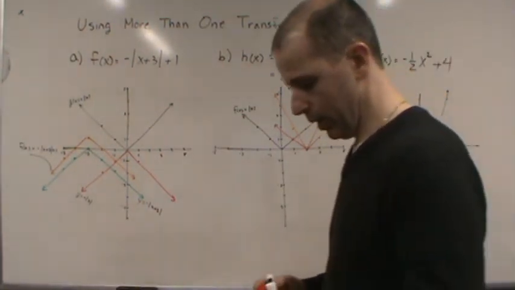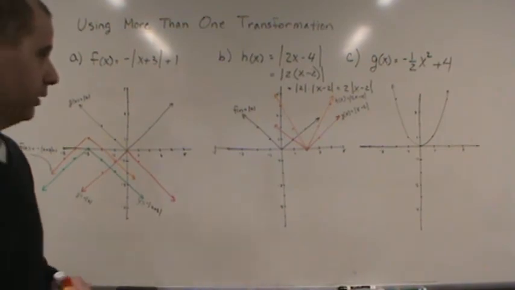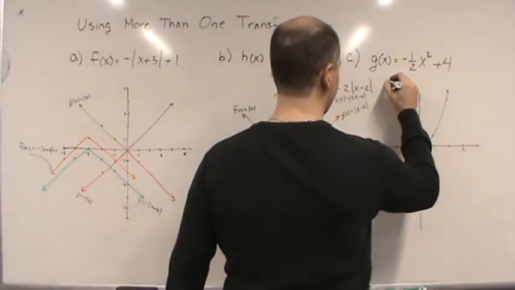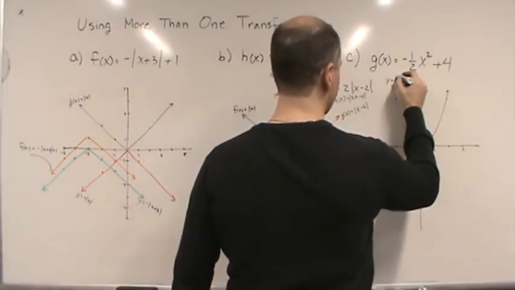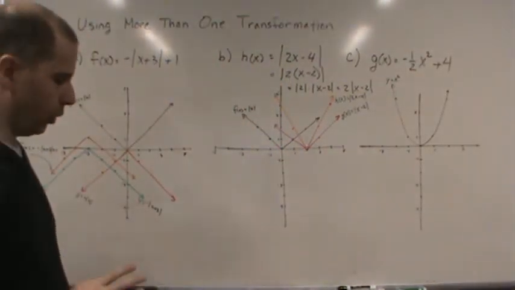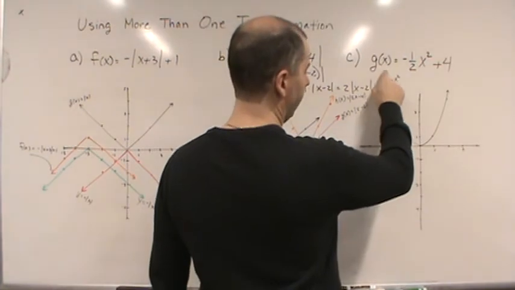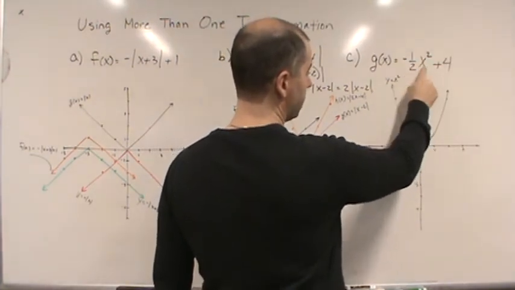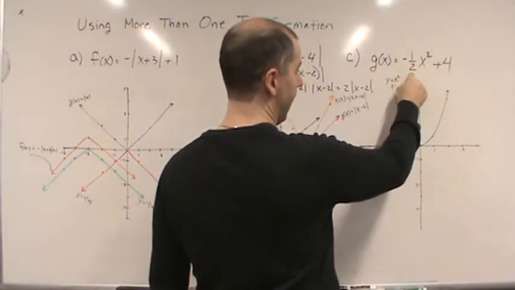So there's our quadratic, our x squared. So this represents y equals x squared, right? So now, what are we doing with g of x? Well, we're multiplying the function x squared by -1/2.